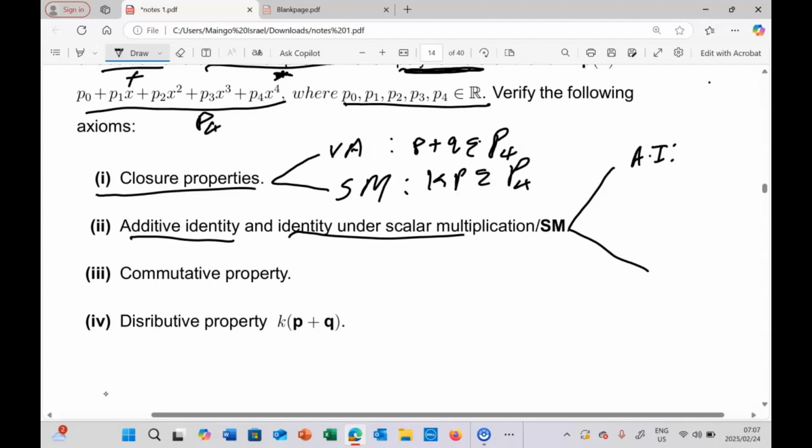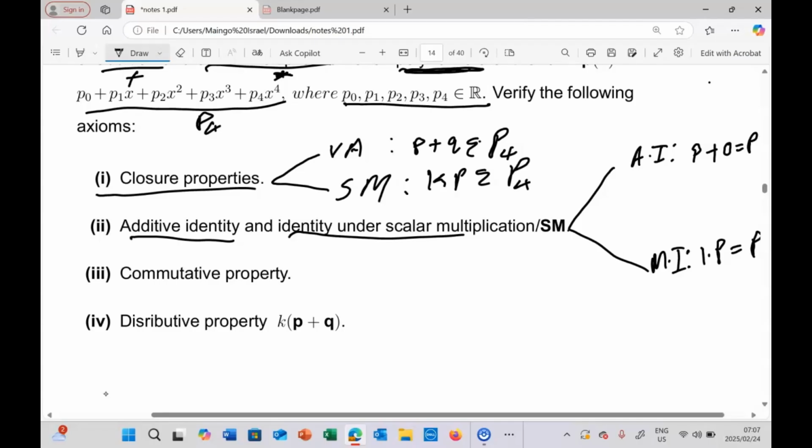What we're proving is that P plus the zero vector, the zero polynomial, is still P. Now under the multiplicative identity, that's an identity under scalar multiplication, it means that 1 times the polynomial is that polynomial. So that's what we'll be proving.